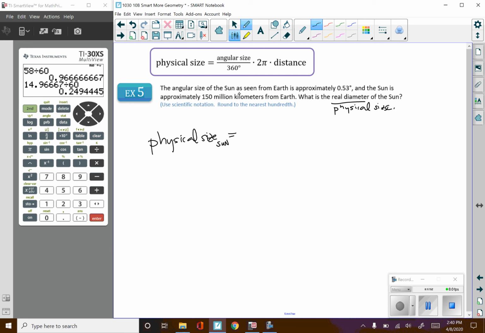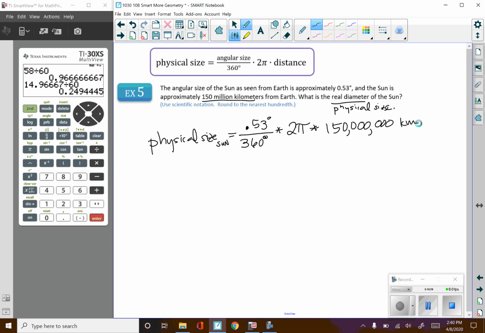Angular size goes in the numerator, so that's 0.53 degrees. We divide that by 360, and we multiply by 2 pi times the distance, which is 150 million kilometers.